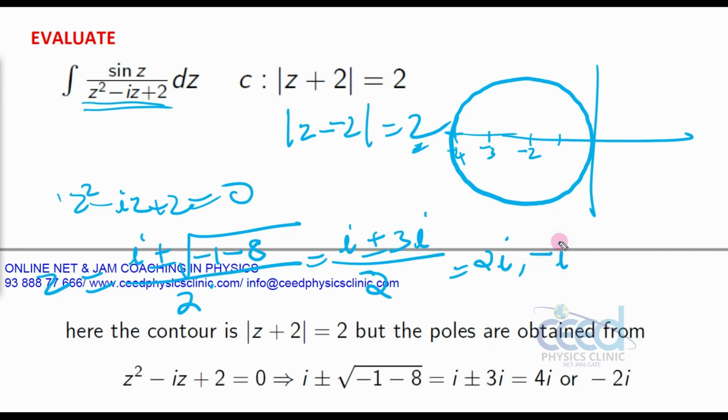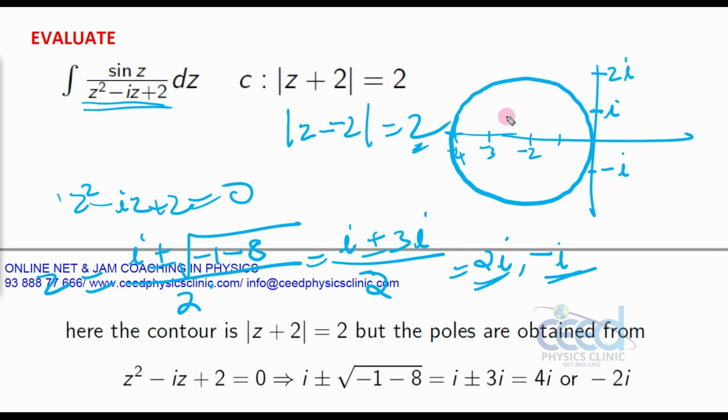Now look, we can plot this. So this is the real axis and imaginary axis are here. So this is i and this is 2i, and here it is minus i, right? So when I am looking at minus i and 2i, it is obviously clear that they are outside this contour, right?